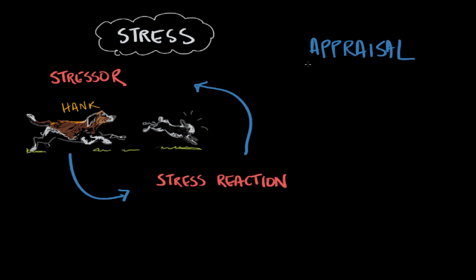And in describing this appraisal, he suggested that there were really two stages to the cognitive appraisal of stress. So you have primary appraisal, and primary appraisal is the initial evaluation that focuses on the threat in the present situation. So what is your appraisal of what's going on right now, what threat I'm experiencing right now?